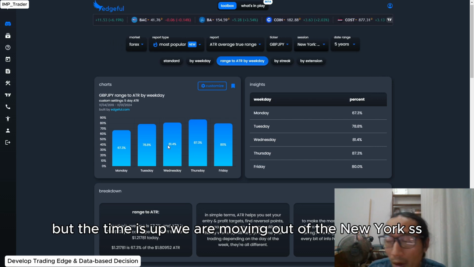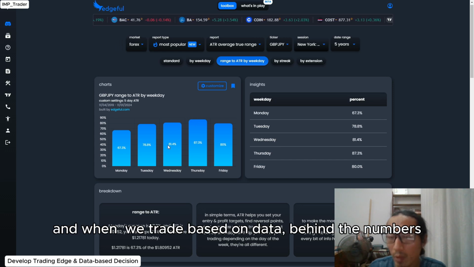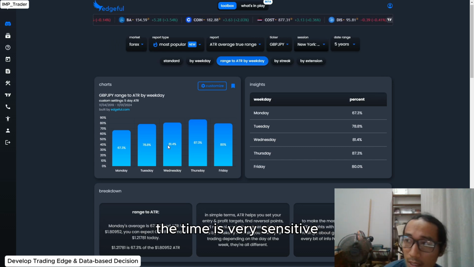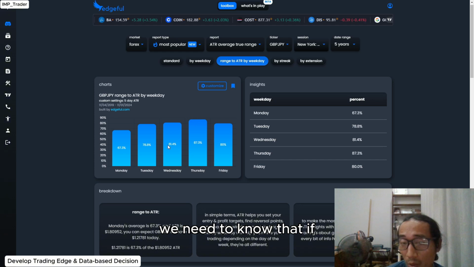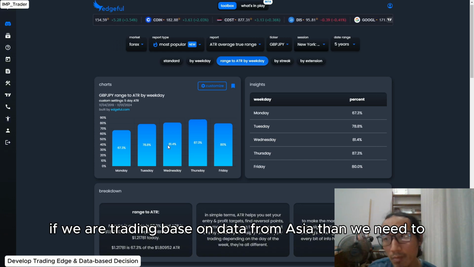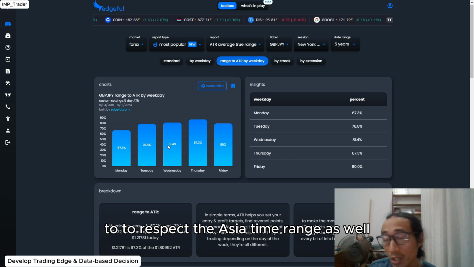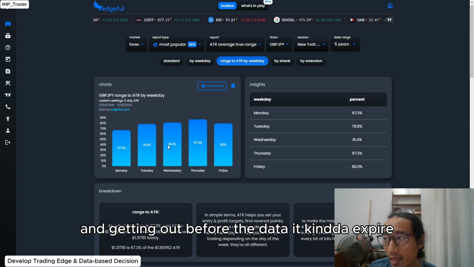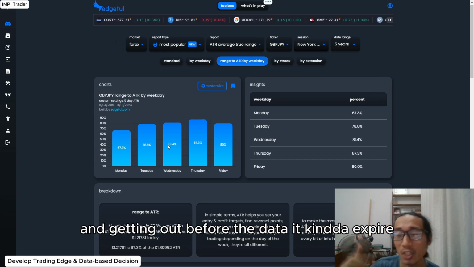We are moving out of the New York session, and when we trade based on data, time is very sensitive. If we are trading based on data from Asia, then we need to respect the Asia time frame as well, and get out before the data expires.